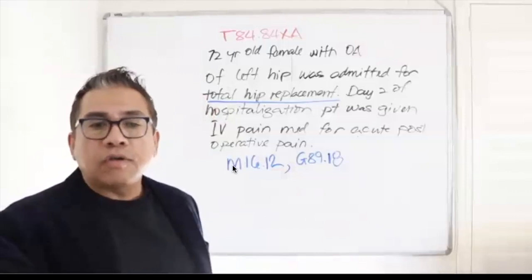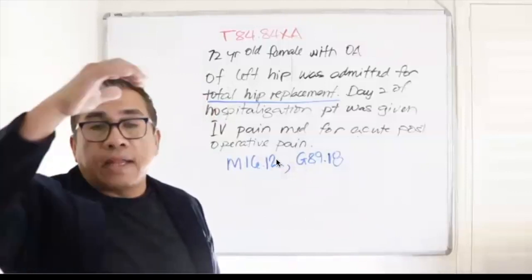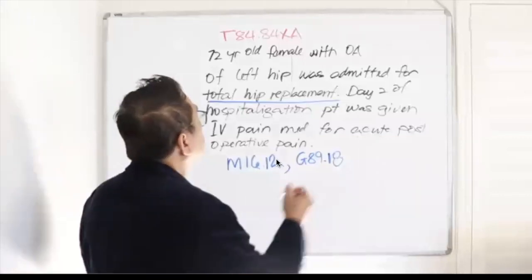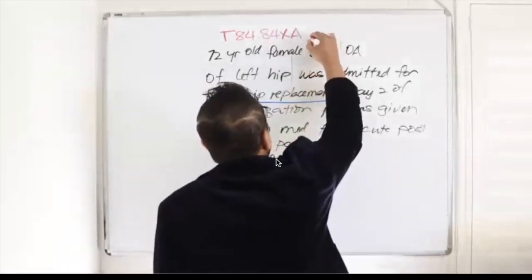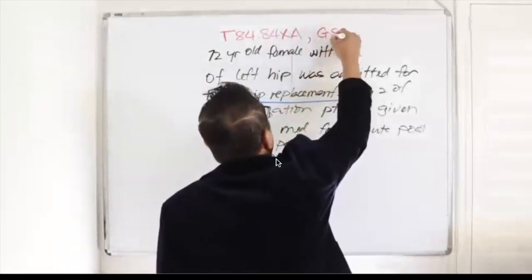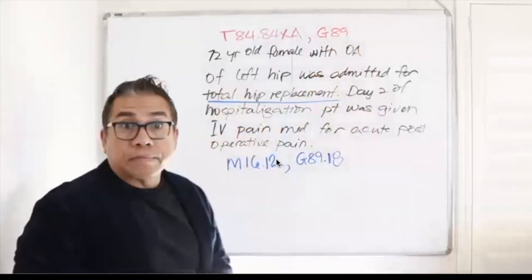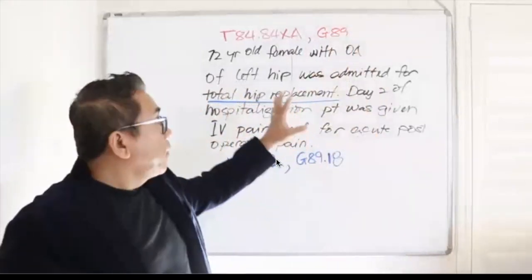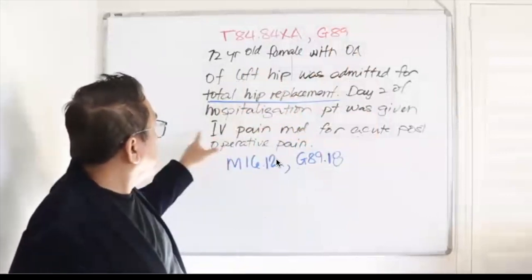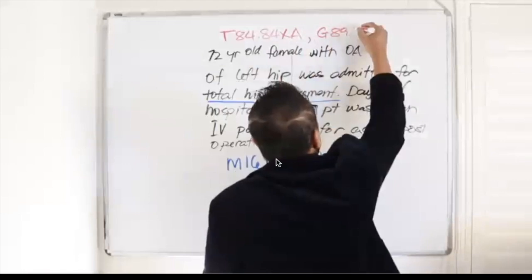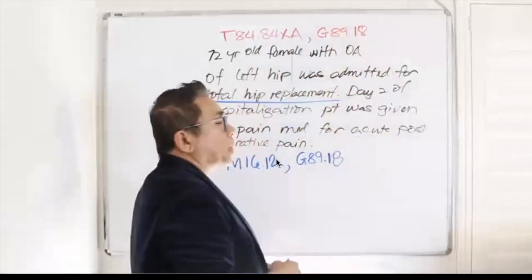And also, again, the guideline says you can also assign the G89 code if the patient is in acute pain. G89, either 18 or 28, right? If this is post-operative, acute post-operative pain, then you can assign G89.18.